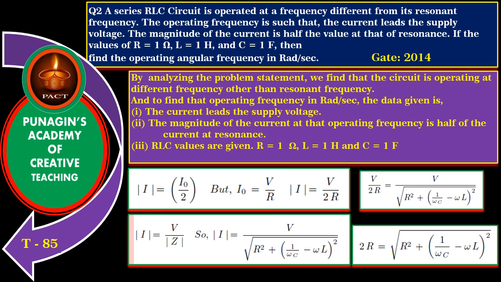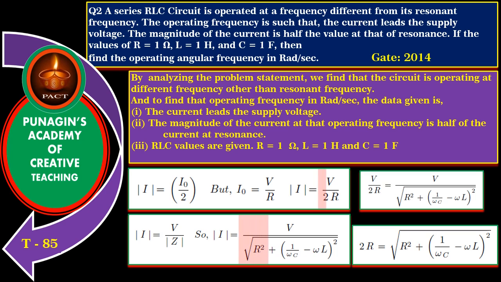Also, we know I is equal to V divided by Z. So, we get I is equal to V divided by square root of R square plus 1 upon omega C minus omega L whole square. Note, current leads the supply voltage, meaning XC is greater than XL.